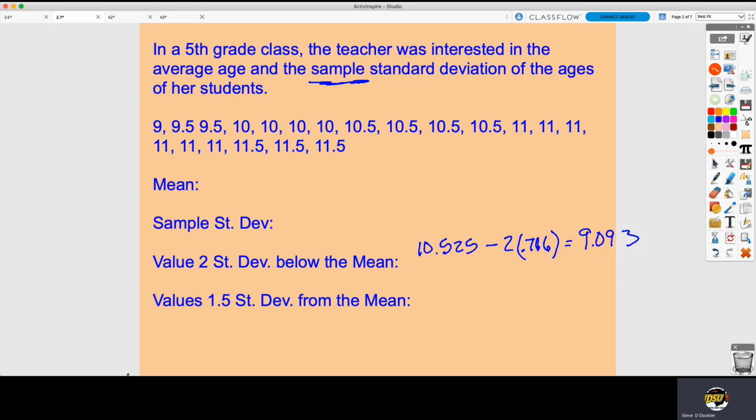So what's the equation to find the one for below? What are we subtracting? 1.5 times our 0.716. And for the one above, it's going to be plus 1.5 times 0.716.